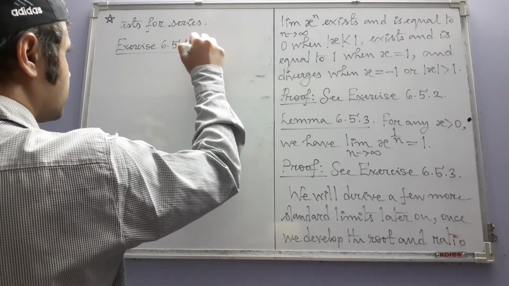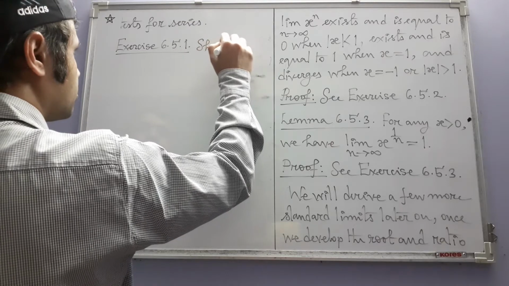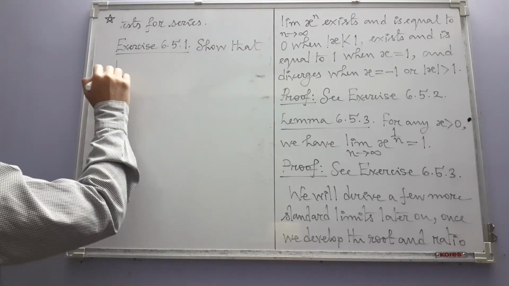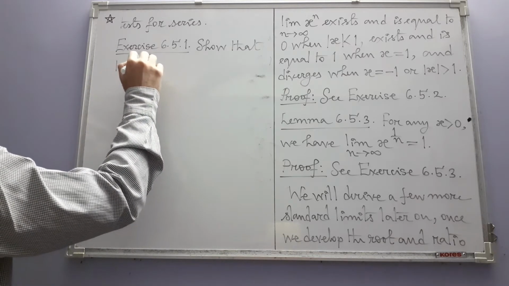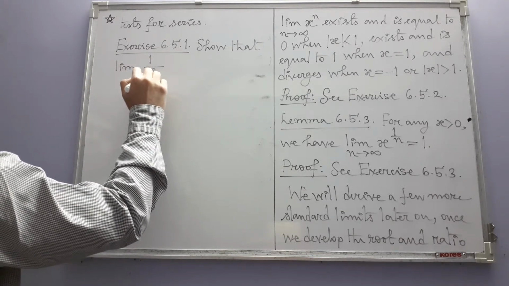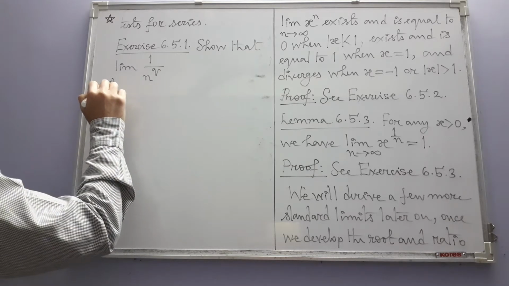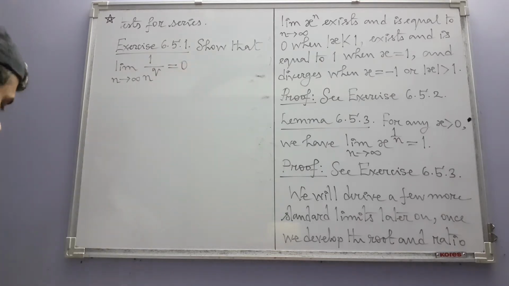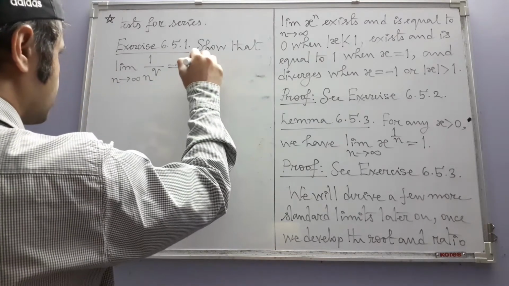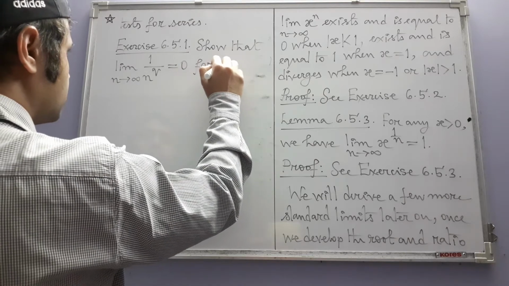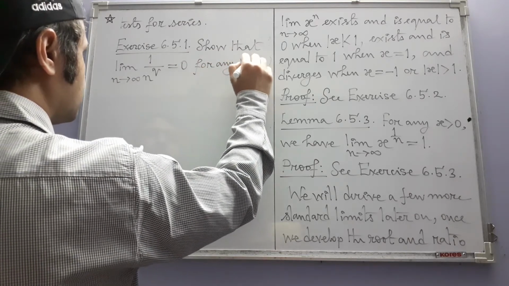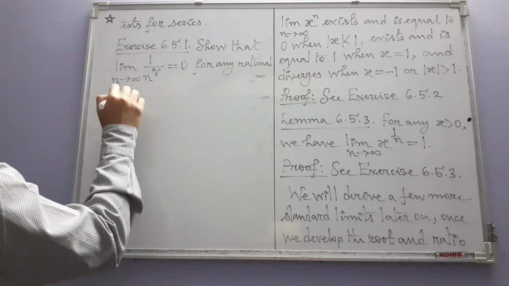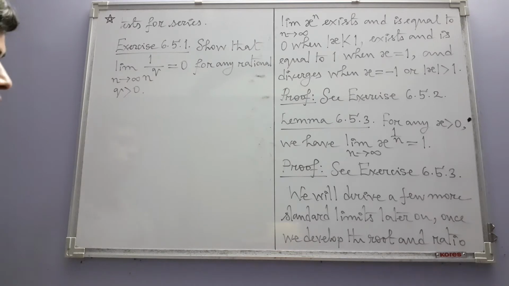Show that the limit of 1 over n to the power q as n tends to infinity is 0 for any positive rational number q.